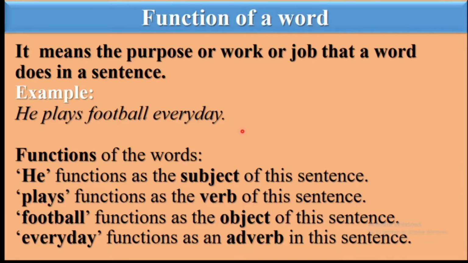The second word is plays, and it functions as the verb of this sentence, and it expresses a kind of action. The third word, football, functions as the object of this sentence and it's a noun. Every day functions as an adverb in this sentence because it describes when the action takes place.